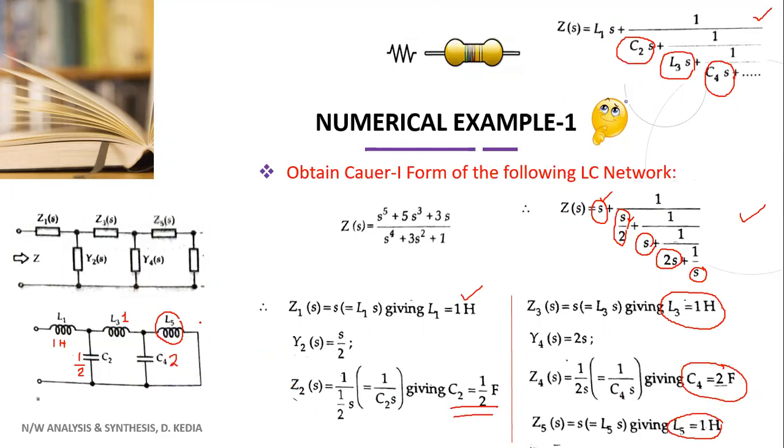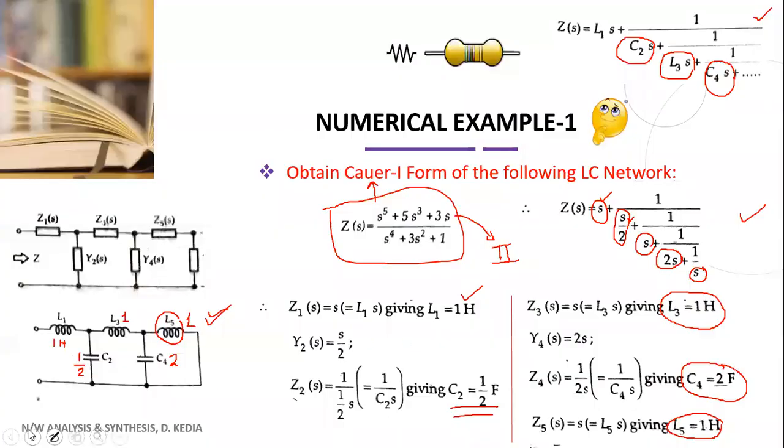What is L5? That is your 1. And this is nothing but your Cauer 1 form of LC network representation. I think it is a very simple thing, and all of you have clearly understood the Cauer 1 form of network realization for your LC network.